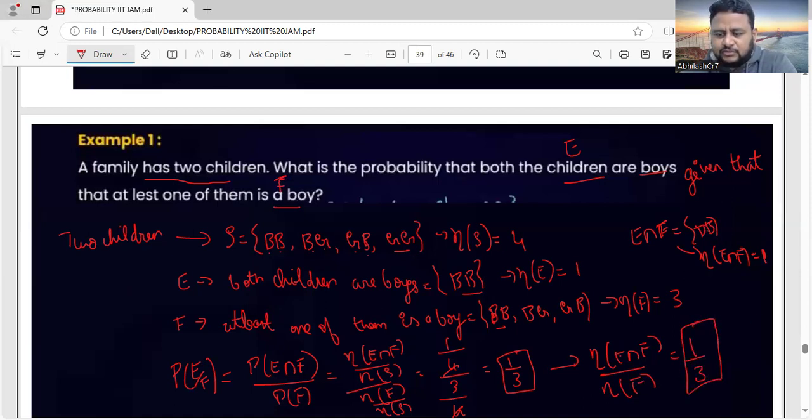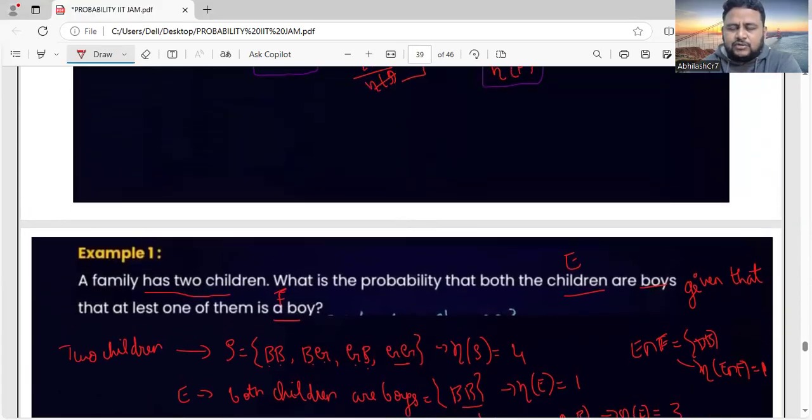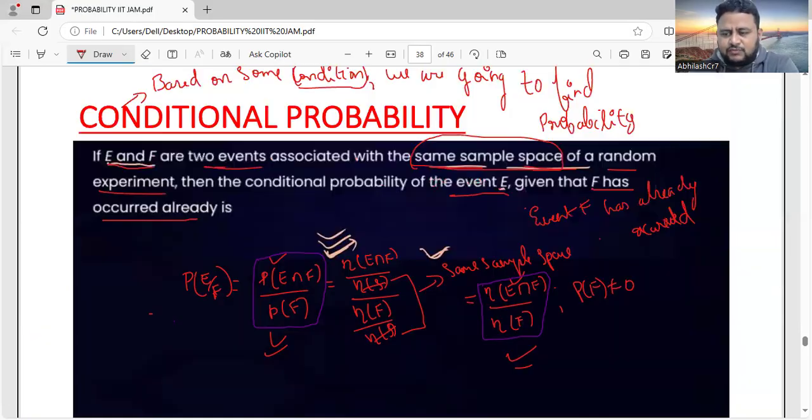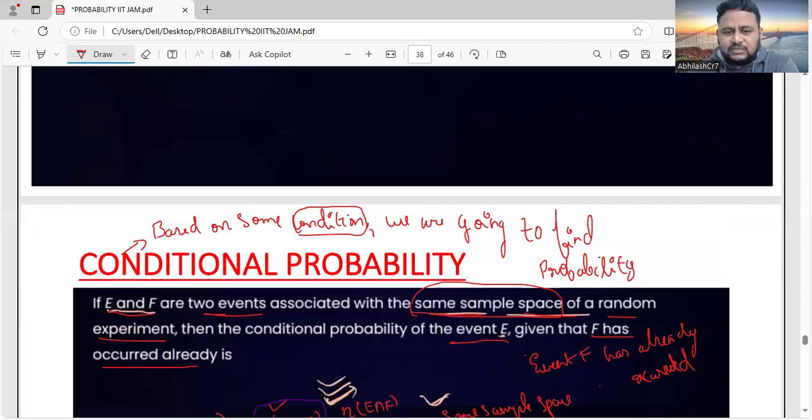I told you that you can use either this formula or this formula. This is the first formula, this is the second formula, but both are one and the same.